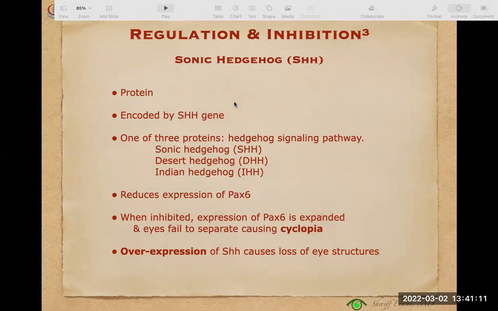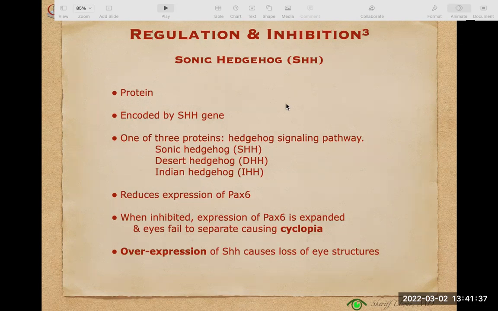Here. So this condition may occur in human embryos, and is then called cyclopia, and it occurs when the sonic hedgehog gene is expressed too much, reducing the PAX6, and then the two eyes are fused together. They don't separate.